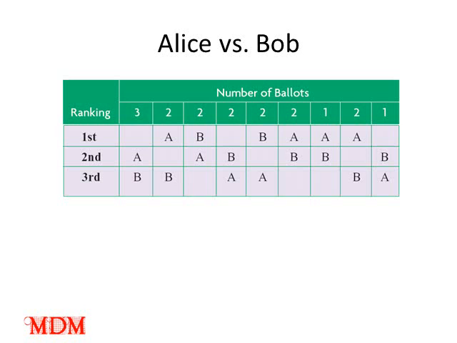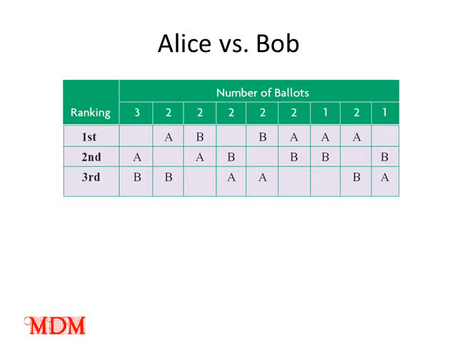Now let's check to see how many times Bob outranked Alice. Bob received 2 votes here in first place. He outranked Alice here with 2 votes, that gives him 4. And here with 2 votes, that's 6.